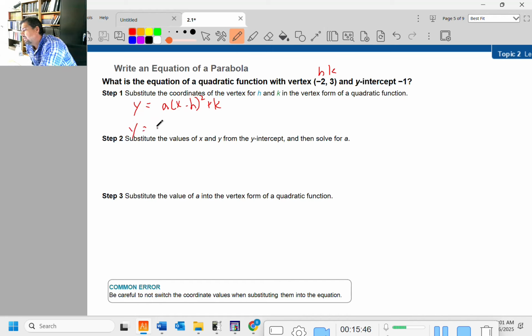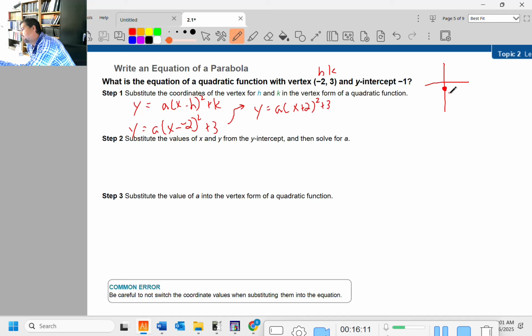So y equals a times x minus -2 quantity squared plus 3. Now, we know that taking away a negative is positive, right? So this becomes y equals a times x plus 2 quantity squared plus 3. Now, it told me I have a y-intercept of -1.